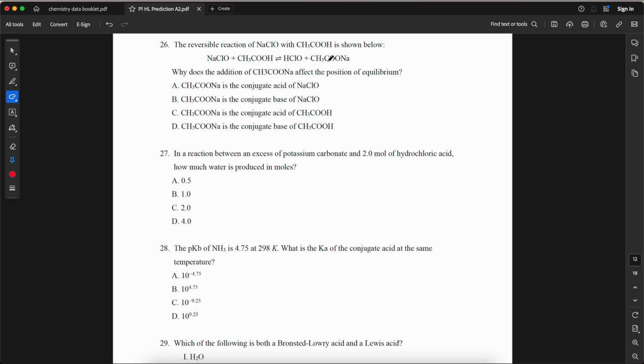So this CH3COO⁻ will react with H⁺ from HClO. Therefore, CH3COONa will be a conjugate base, and this one a conjugate acid. This one would be the weak acid, and this one is the base. So the answer will be D.